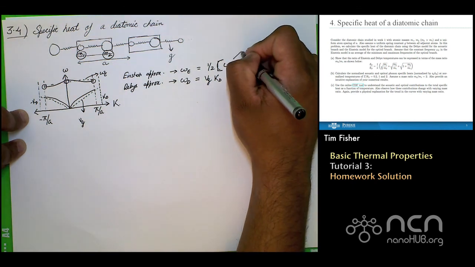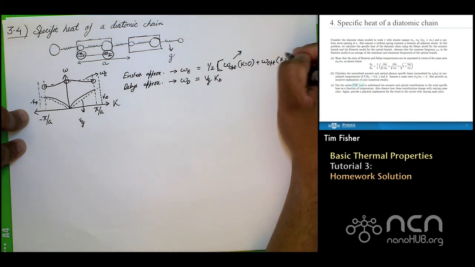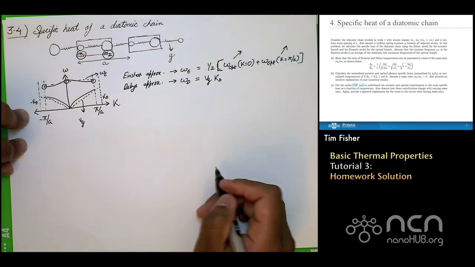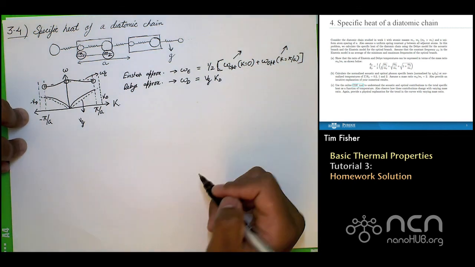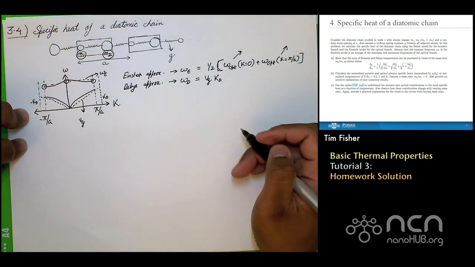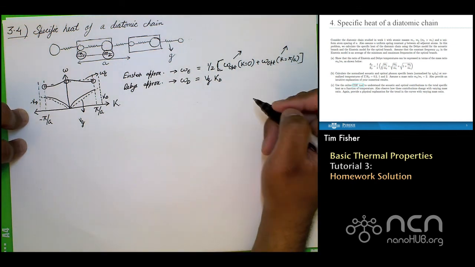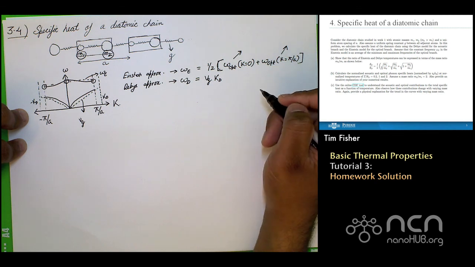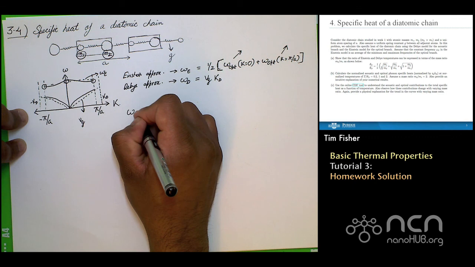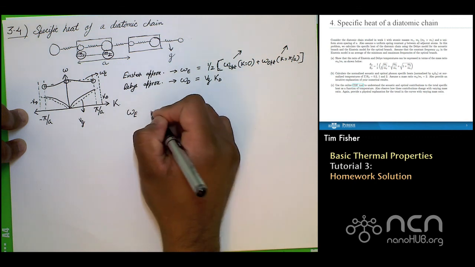So this is the maximum optical frequency, this is the minimum optical frequency, and this half here denotes the average. Now if you go back to the lecture notes as well as the companion text for this course, we have derived expressions for the optical and the acoustic phonon branches in this diatomic chain. So I'm going to use those expressions to calculate omega E and omega D.